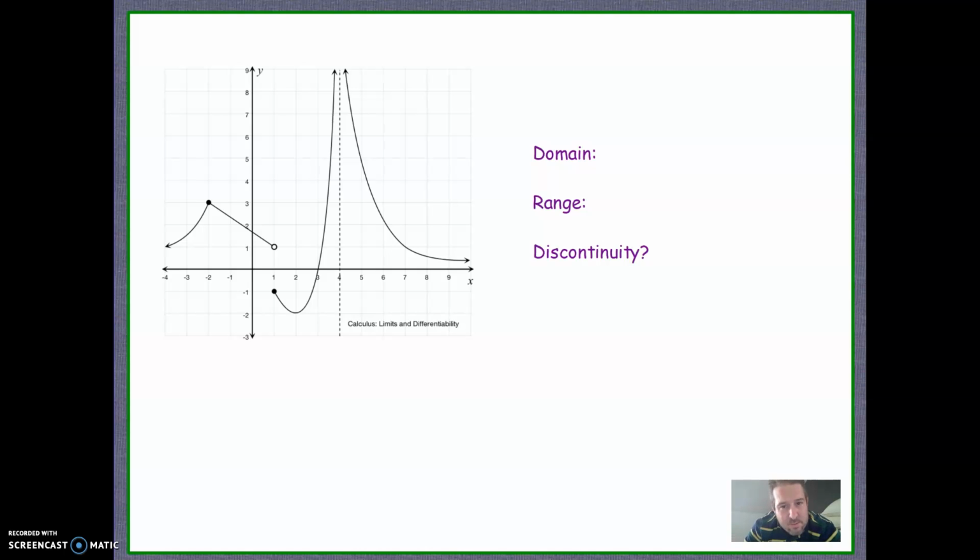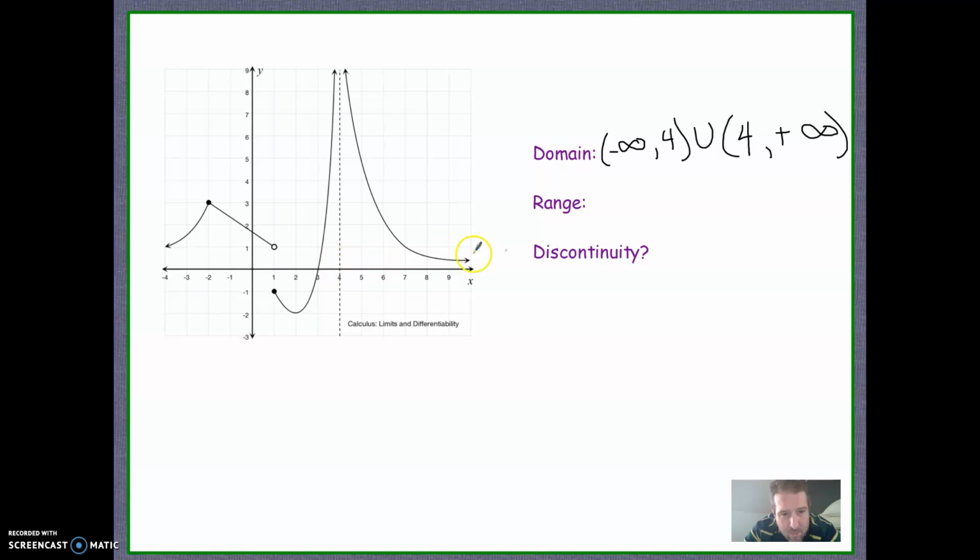All right, so we have ourselves a piecewise function. The domain in this case looks like it covers everything to the left of 4. Even this point is included in the domain because it has an answer right here, and it keeps having an answer. So it looks like everything from -infinity up until 4, or a union of these two, so everything from 4 to positive infinity.